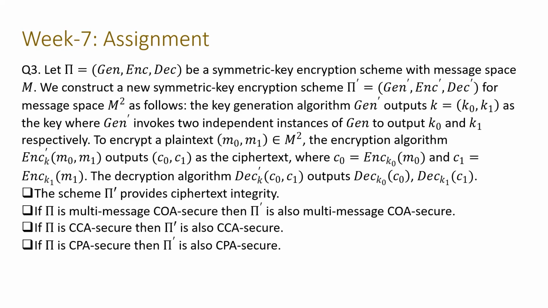So there is no extra information available to the adversary which it can exploit using the encryption oracle. So if pi is CPA secure, then pi dash is also CPA secure.